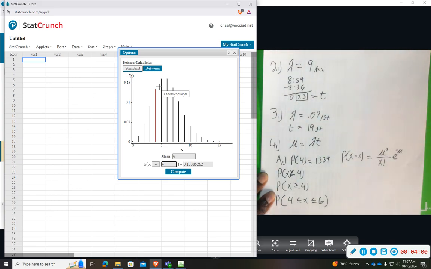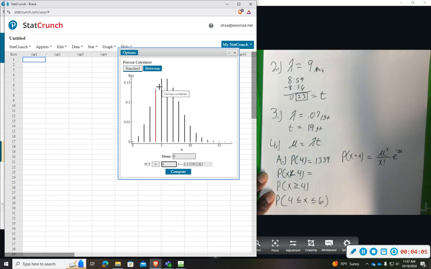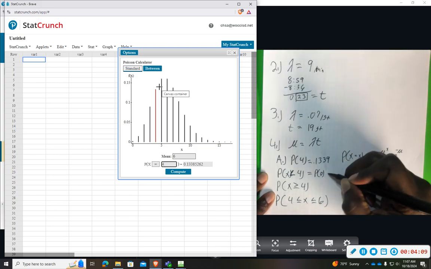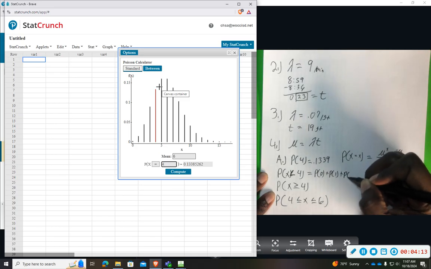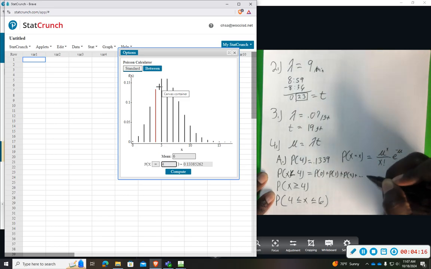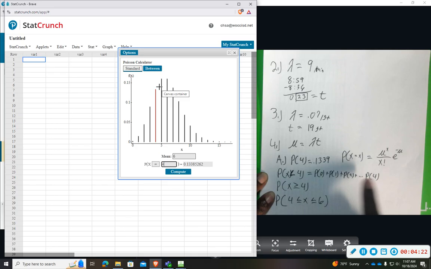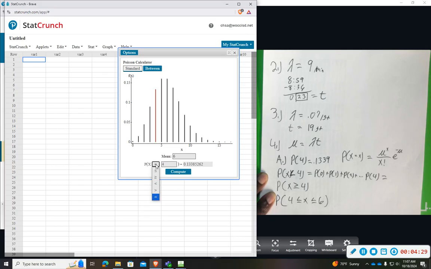So we're looking at 0.1339. Now less than 4, what the computer is doing is from 0 up to 4. So that means we're finding the probability of 0, the probability of 1, 2, all the way up until we get to 4. This one just did 4 by itself. So this one's adding 0, 1, 2, 3, and 4 together. And this time I'm just going to change this to actually less than 4.